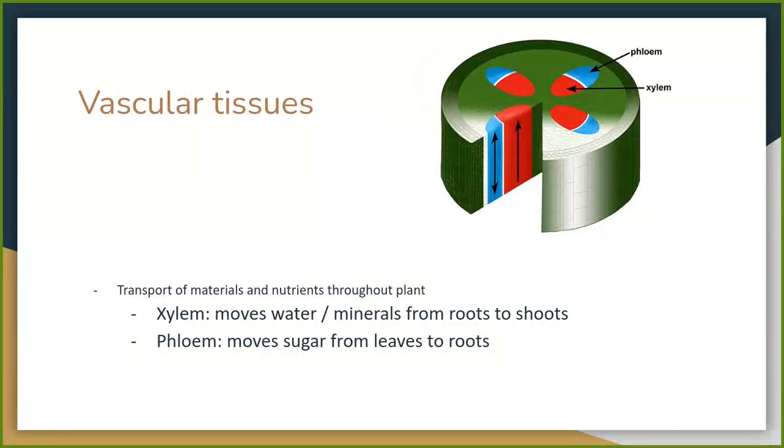Xylem moves water and materials from the roots up to the shoots, and then phloem moves sugar from the leaves down to the roots. Pay attention to the diagram. Notice that phloem is on the outside of the plant, and xylem is on the inside. One time USABO did ask a question about this. So just remember, phloem's outside, xylem's inside.